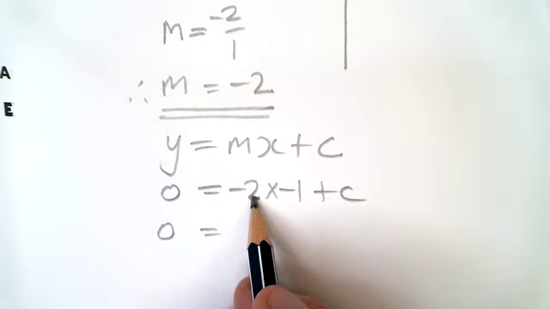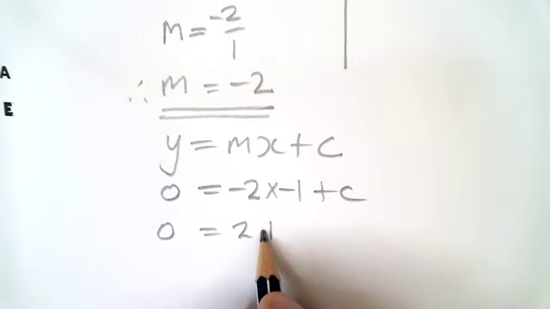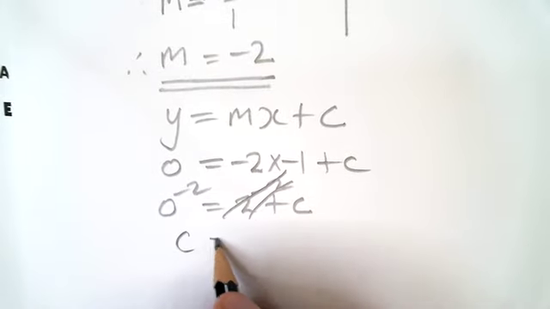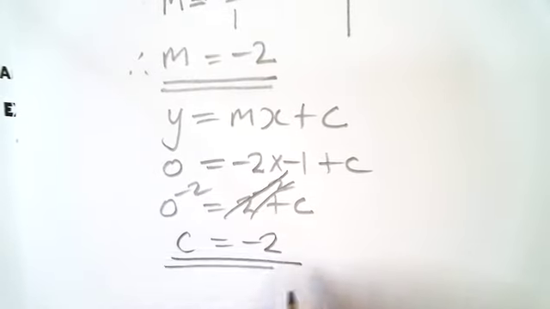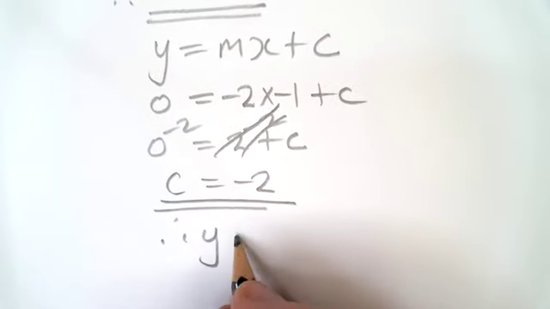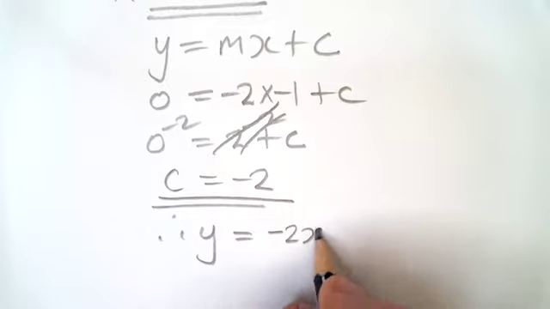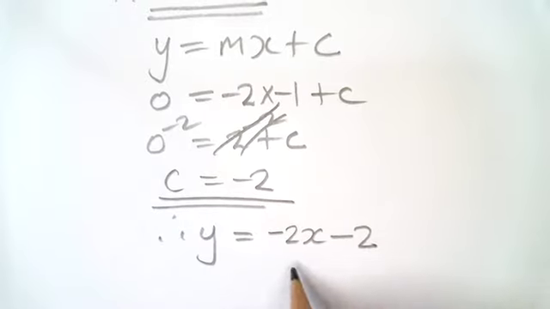Negative 2 times negative 1 is 2, so 0 equals 2 plus c. If I subtract 2 from both sides, c is equal to negative 2. So therefore y must equal negative 2x minus 2. And that is my equation.